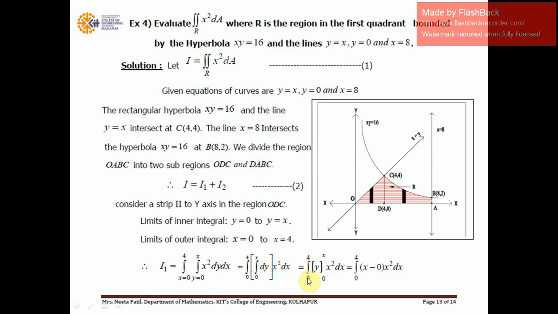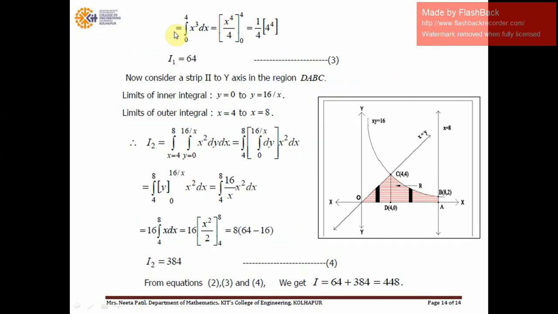So it is equal to integration 0 to 4, integration of dy, y with upper limit x and lower limit 0, x square dx. It is equal to integration 0 to 4, replace y by upper limit x minus lower limit 0, x square dx. Now that is equal to integration 0 to 4 x cube dx.